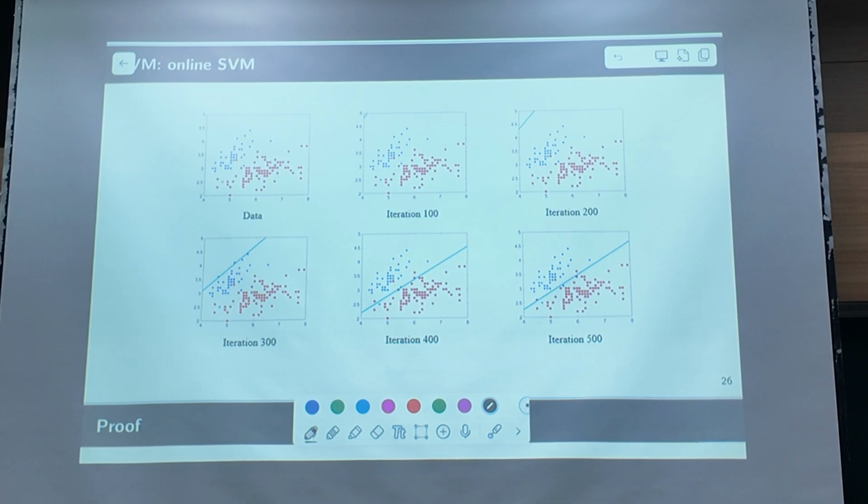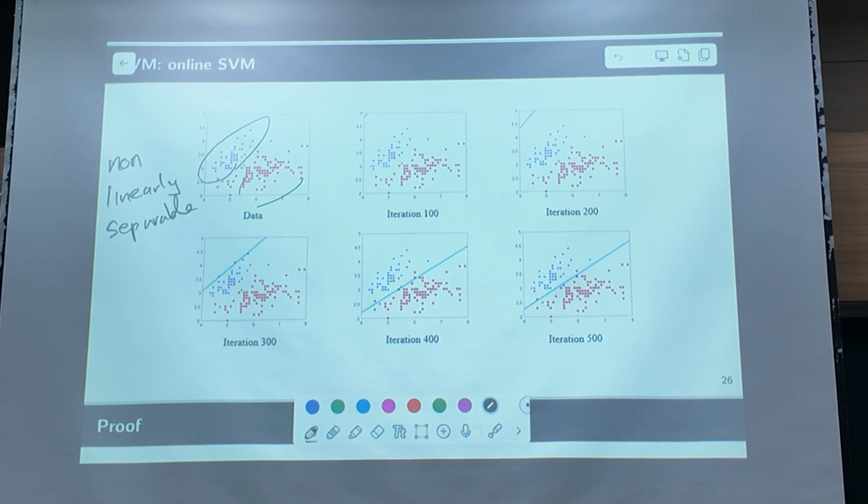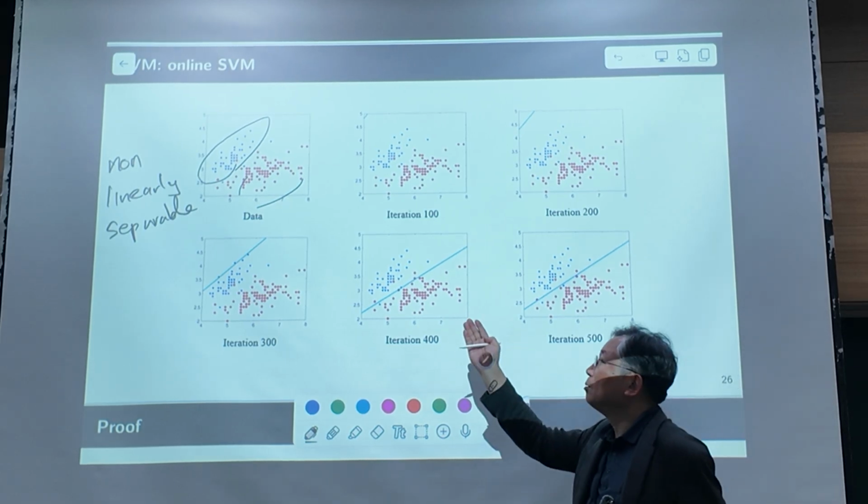You have red points, blue points, and you can see that the red and the blue are non-linearly separable, meaning that there is no hyperplane that will separate the blue from the red.